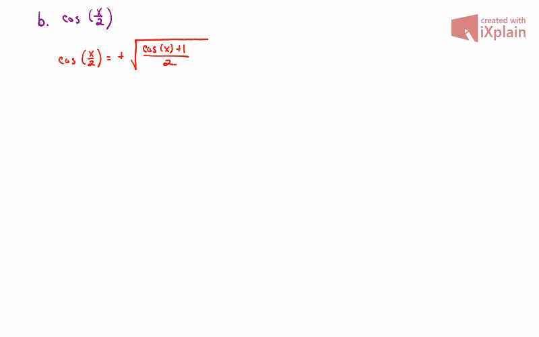We also know from our previous work that the cosine of x is equal to a negative 4 root 3 over 7. So let's go ahead and drop that in and see what we get. So we have the square root of our negative 4 root 3 over 7, so that's taking the place of that cosine of x, plus 1, all of which is being divided by 2.